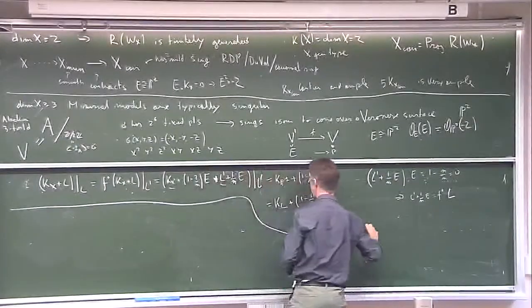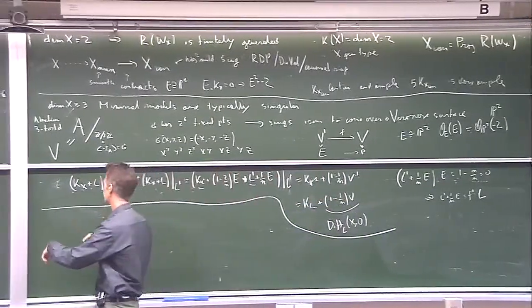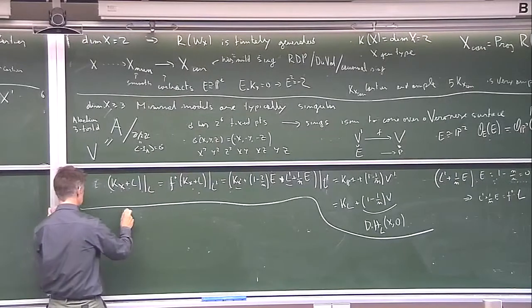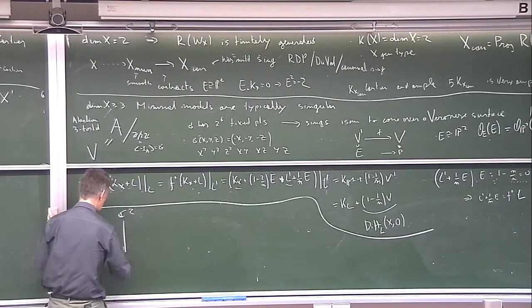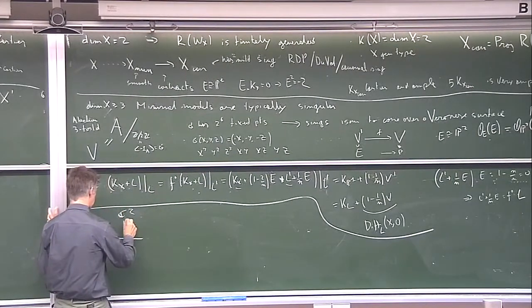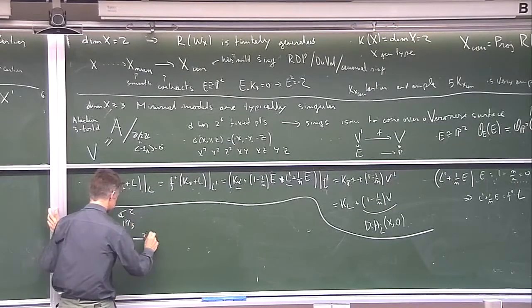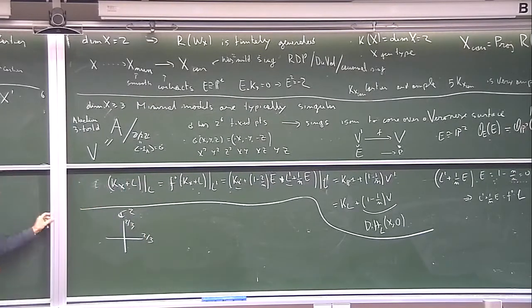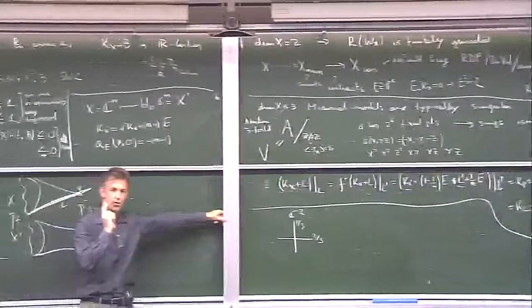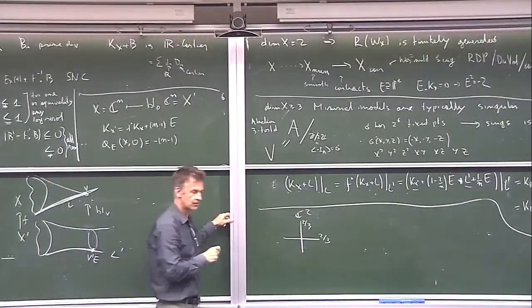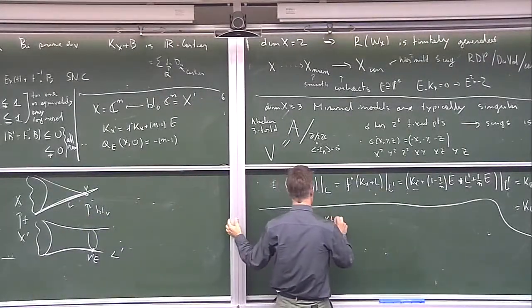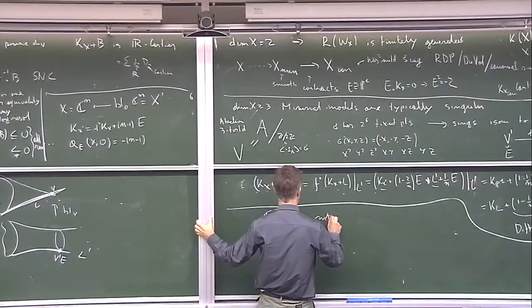So let's consider the following pair: C^2, and I pick two lines through the origin, with coefficients 2/3 and 2/3. I claim that this is KLT, but not canonical.